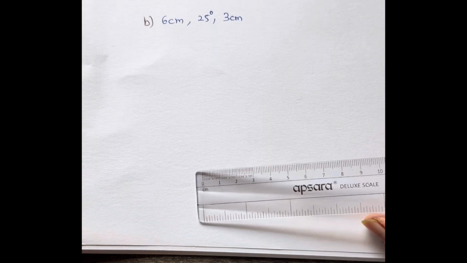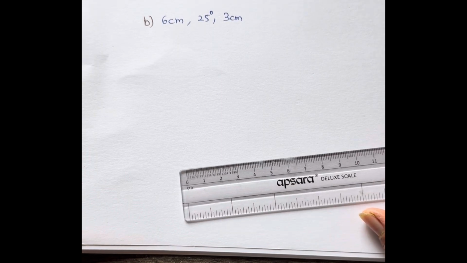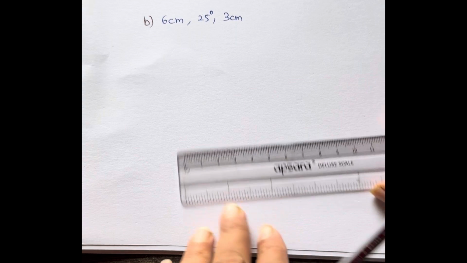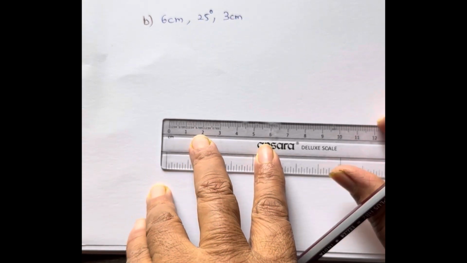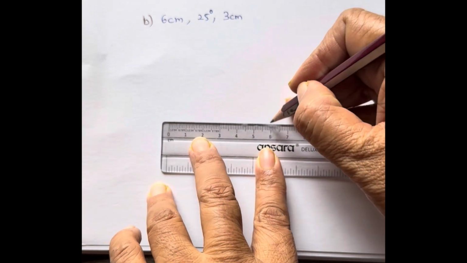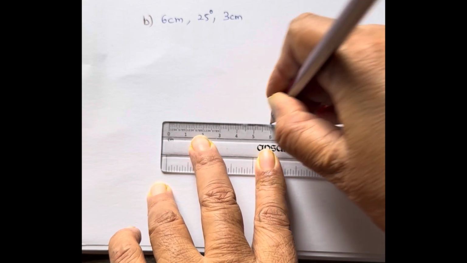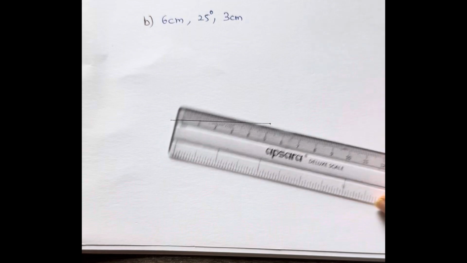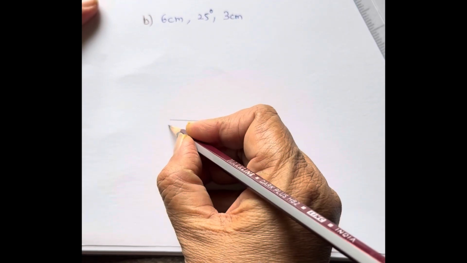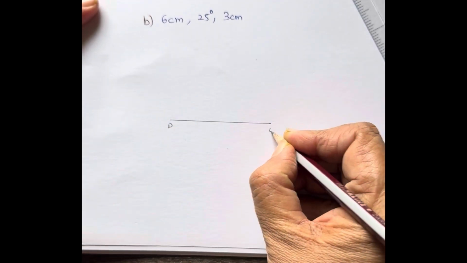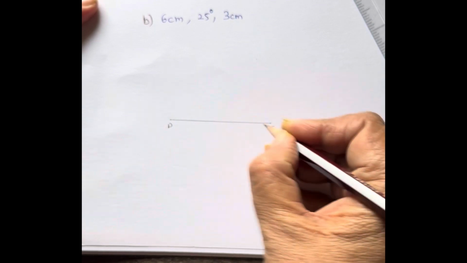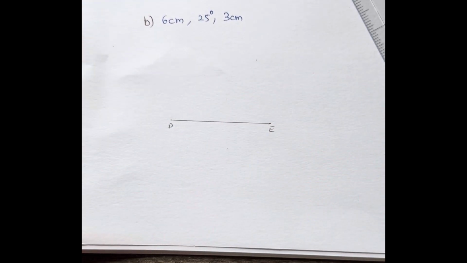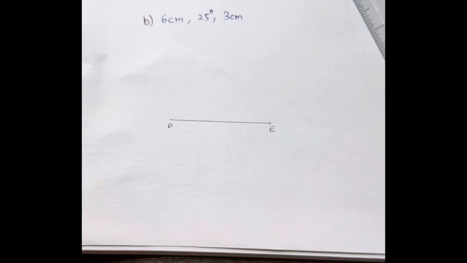Now we do question number B, where the side length is 6 centimeter, 25 degree and 3 centimeters. So 2 sides and included angle. So now we will draw the baseline, that is, we'll take the greatest side 6 centimeter, and we name it as D. Now this time I'll show you the angle on the right side.